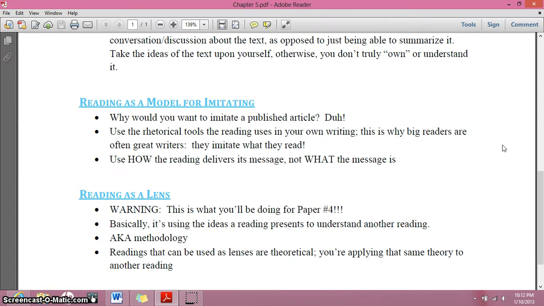Okay, so it's a methodology. You're using Article A as a methodology for analyzing Article B. Okay, usually when you are using a reading as a lens, they're theoretical. You're using the theories in a reading, not necessarily the writing itself, if that makes sense. Okay, so you're applying the theory presented in Article A to understand Article B.